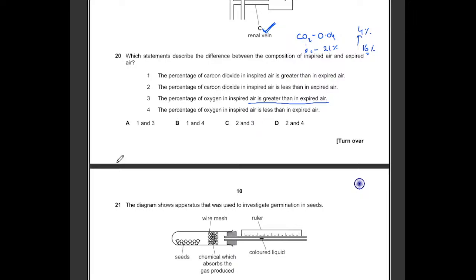This is one of the answers. The percentage of carbon dioxide in inspired air is less than the expired one, and this is one of the statements. 0.04% and 4%. So inspired air is less than the expired air, and 2 and 3 are both correct answers. So we have C. Thank you. C is the correct one.